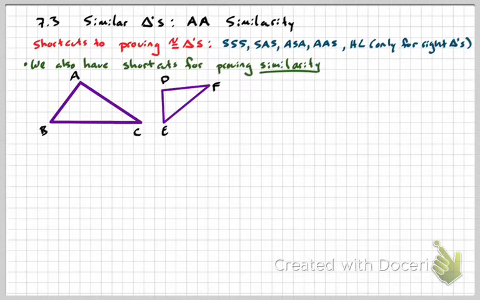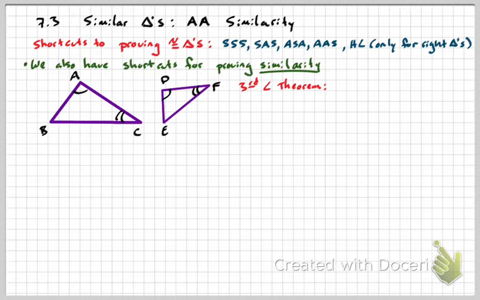Okay, so here's two triangles, triangle ABC and triangle DEF, and I'm going to tell you that angle A is congruent to angle D and angle C is congruent to angle F. Now remember that two figures are similar if corresponding angles are congruent. And now with a triangle, we only have three pairs of angles, and the key to this one is knowing that all three angles of a triangle have to add up to how much? 180.